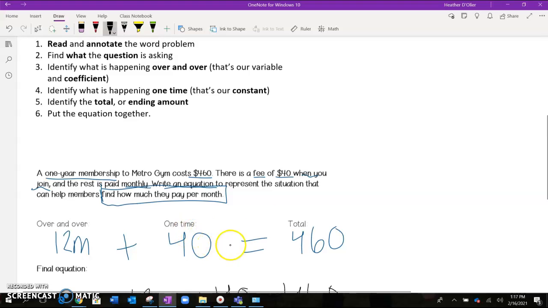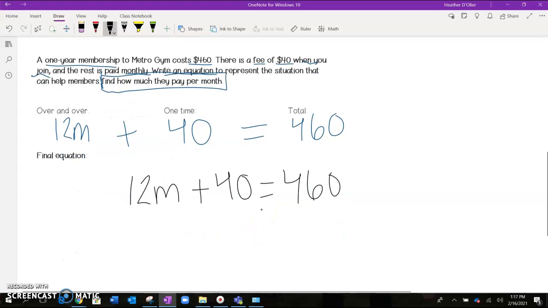Sometimes what we consider the 1 time was maybe actually the end, as long as when you look at the word problem in the end, it makes sense. So like the 12 months times however much it costs per month plus the $40 will give me 460. Whereas if I had put 460 there, that wouldn't make sense to add on to the 460.